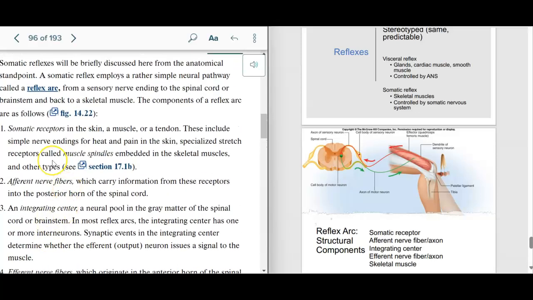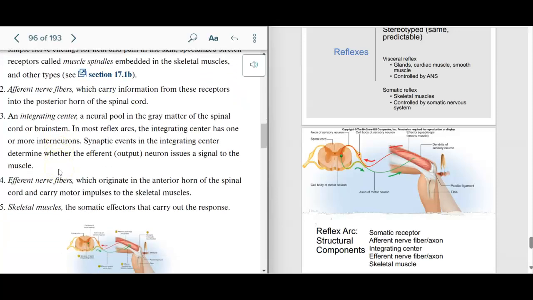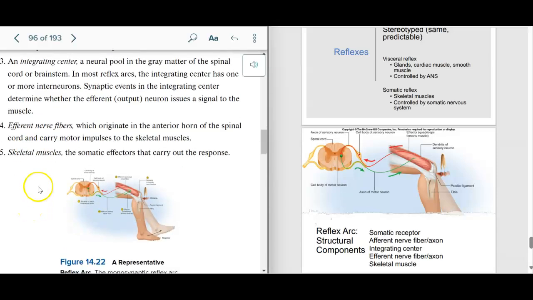What this is saying is our body has mechanisms built in that can detect a problem. It sends a signal to a part of the body that monitors and measures what is normal. If it's outside of normal, it sends a signal to, in this case, a muscle in order to carry out a response.